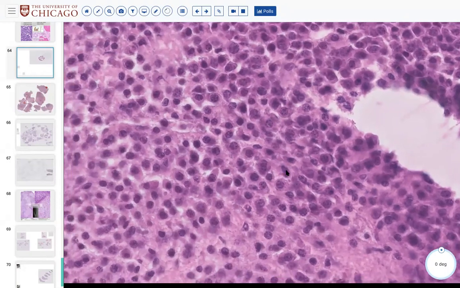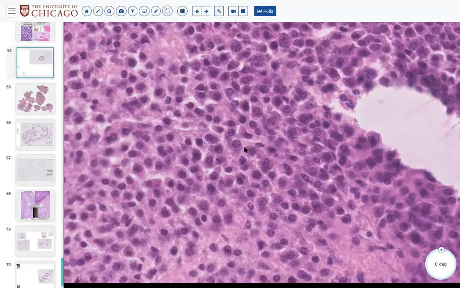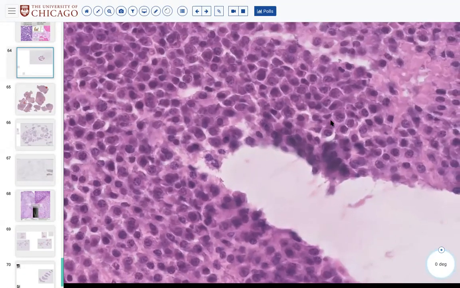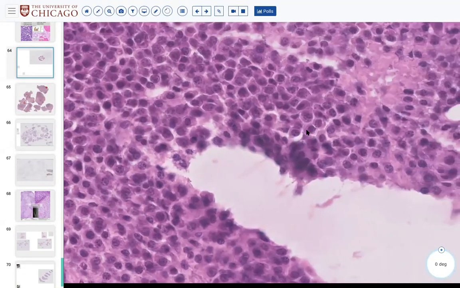And we have a moderately abundant cytoplasm at the edge. Occasionally it may appear eccentric. It's not perfect. Oh yeah, there's maybe a few with eccentrically located cytoplasm and the nucleus shoved off to the side.